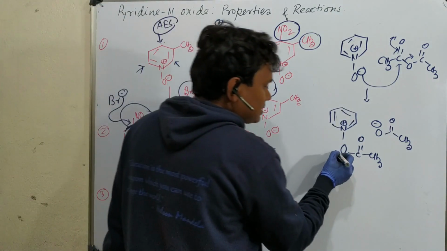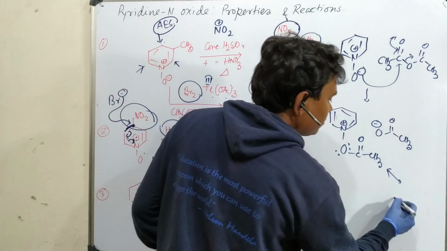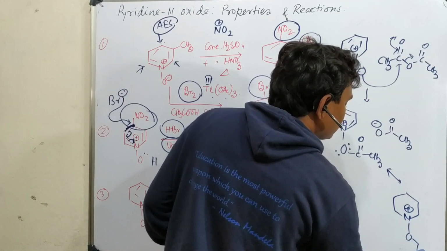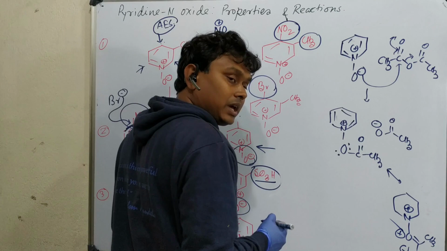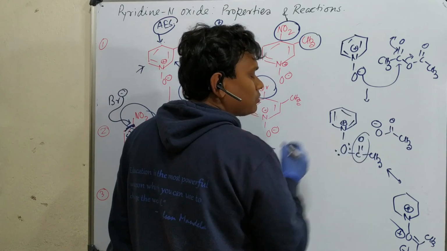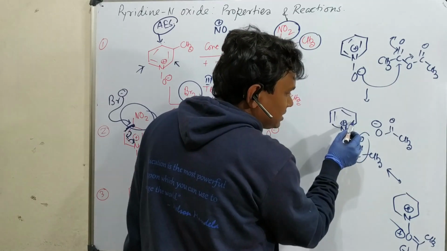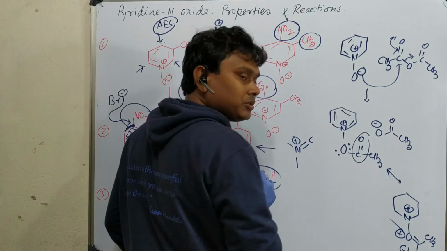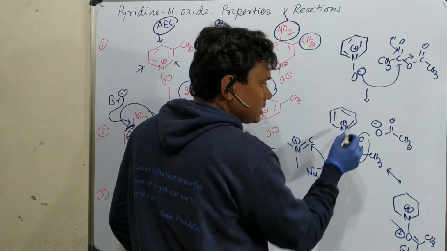See, the electron density of this oxygen is somehow delocalized here, because if you see the canonical form, this is the nitrogen having a plus charge, O minus CH3. What I want to say is that the electron density on this oxygen is reduced because of this carbonyl. Got it? Fine. Secondly, you may consider this as a protonated imine, like a carbonyl. So nucleophilic attack can happen at this position very easily. Okay, so this is the thing.